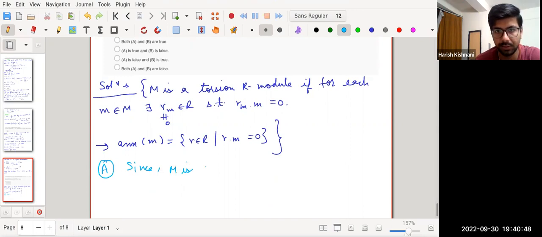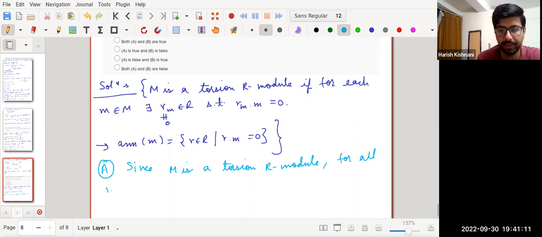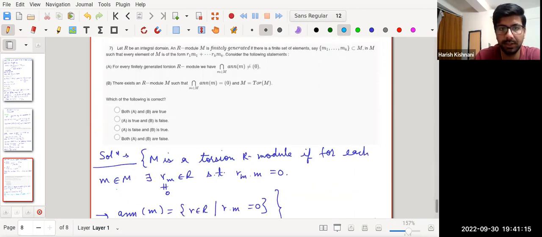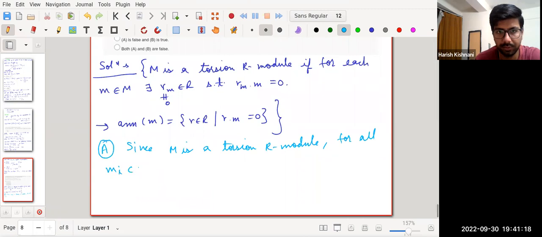So for all mi inside the generating set of M, we have ri belongs to R such that ri mi is 0.